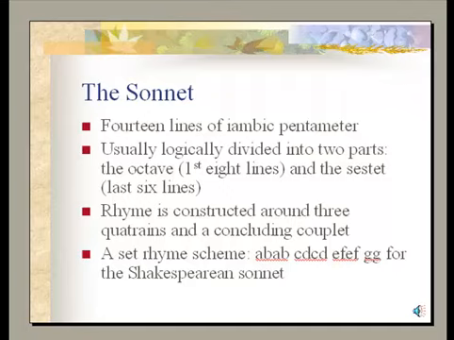So the set rhyme scheme will fall under that umbrella. It will be A, B, A, B, C, D, C, D, E, F, E, F, and G, G. Okay, and that's particular to the Shakespearean sonnet, which of course he invented.